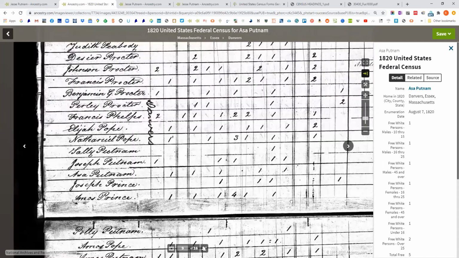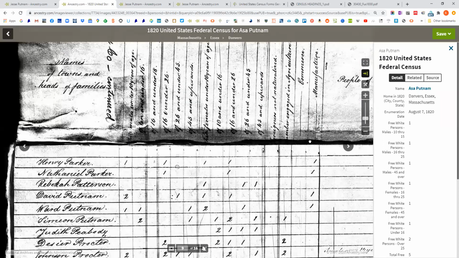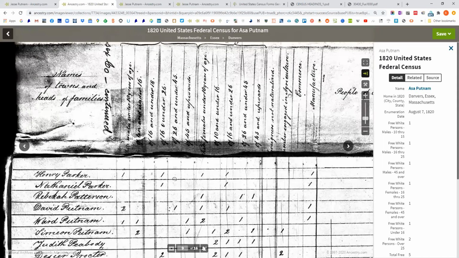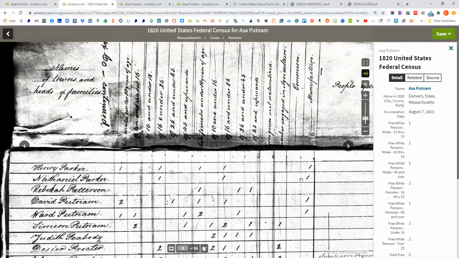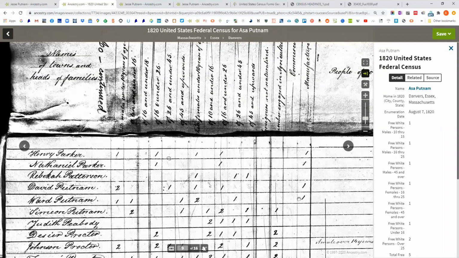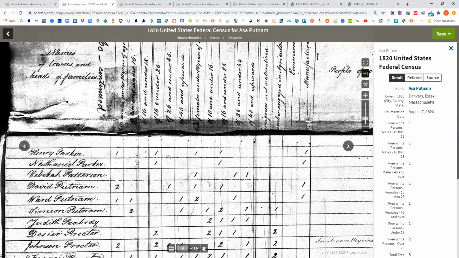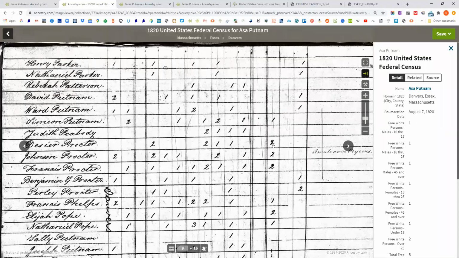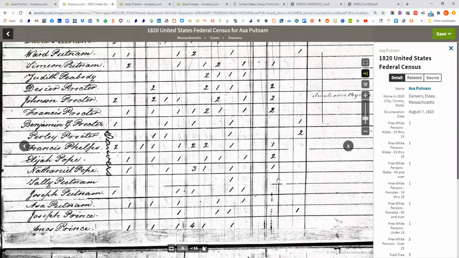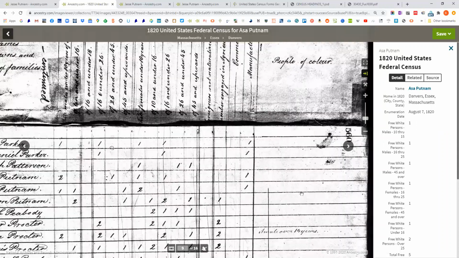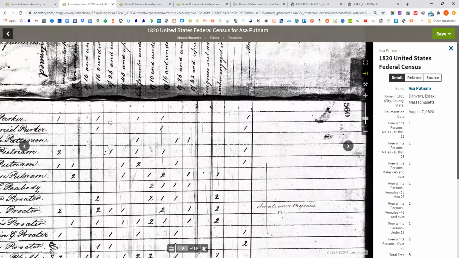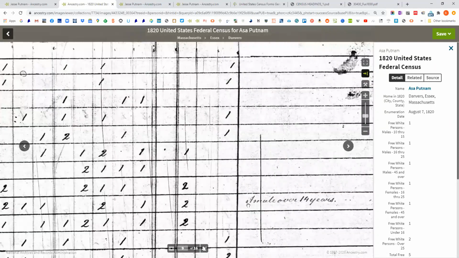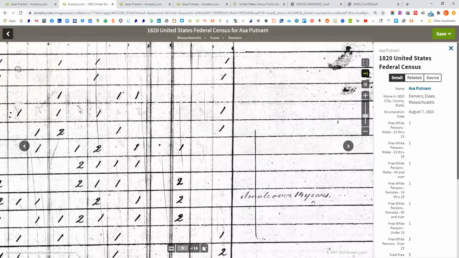And then over here they do ask about people engaged in agriculture, commerce, and manufacture. And it looks like these are mostly people farming with some manufacturing. And then they did not break down people of color this year, although this census taker did, one female over 14 years.